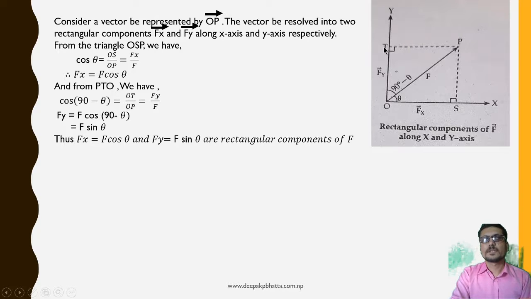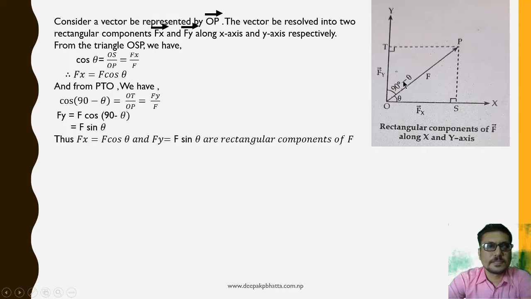In triangle OTP, Fy is the vertical component. With the angle 90 minus theta, cos of 90 minus theta equals Fy upon F. It means Fy equals F cos of 90 minus theta.